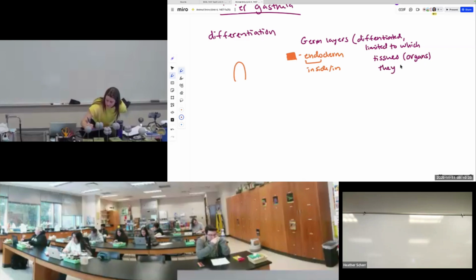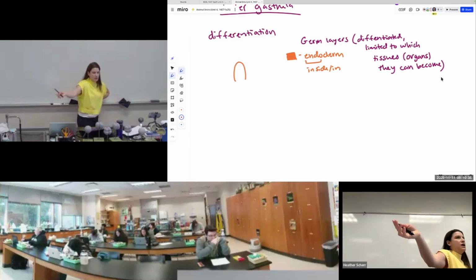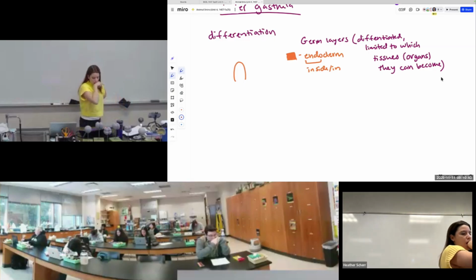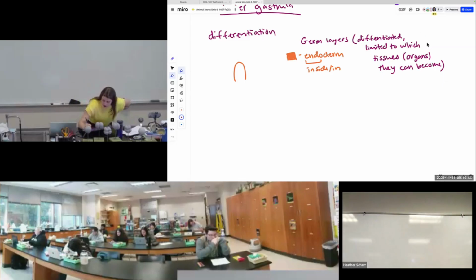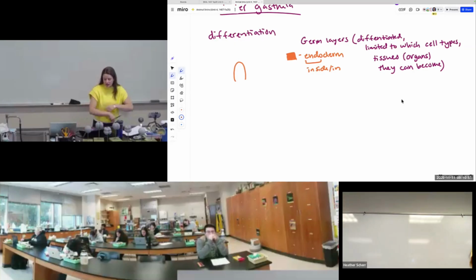They can become, there are a lot of them. Each germ layer can turn into a number of different types of tissues. And let's actually add limited to which cell types. That's really the first step: cell types, and then tissues, and then organs they can become. We're going to go on the organ level pretty much.